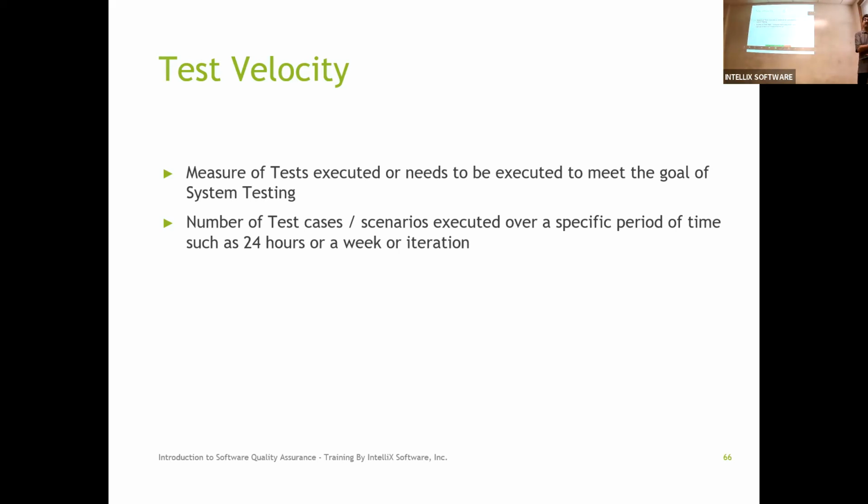Therefore, either I need to add more testers who can write the test cases, or I need to push the timeline, or we say out of these 500 test cases, we're going to worry only about these 200. That's the part of things that you need to do. That's what the test velocity is about.